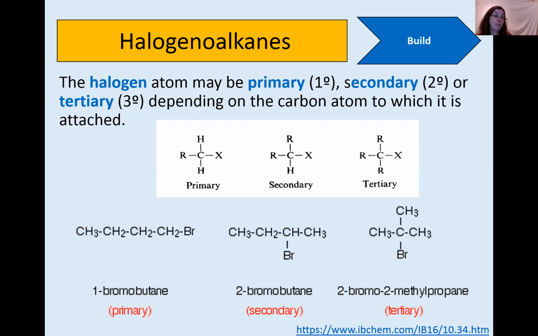In the 2-bromobutane, the carbon that contains the bromine has two carbons attached to it. One's a methyl group, one's an ethyl group. And then in 2-bromo-2-methylpropane, it's tertiary, and the carbon that contains the bromine has got three other carbons attached to it, three methyl groups. So that makes it tertiary.